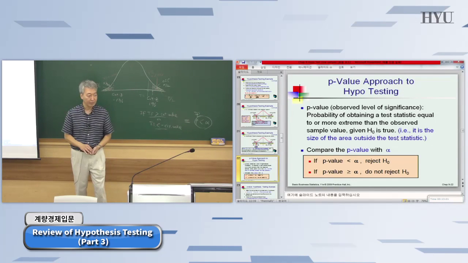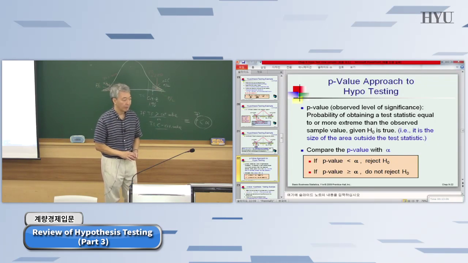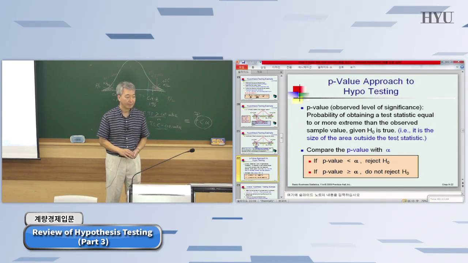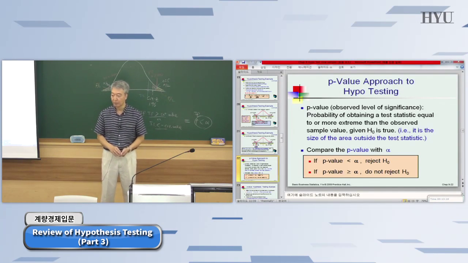Can't you just eliminate the probability of error completely? What was the answer? Is there any way you can eliminate the error completely?